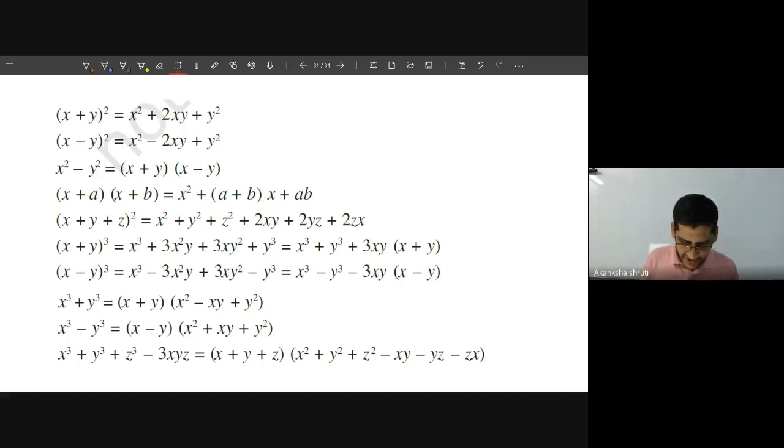So students, these are the list of identities that you have to keep in mind.